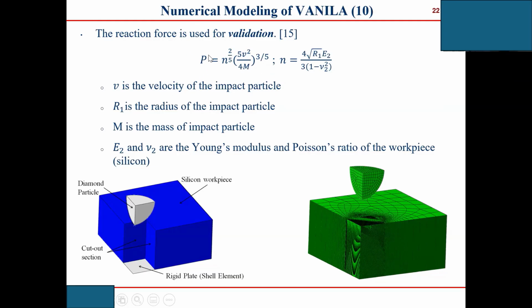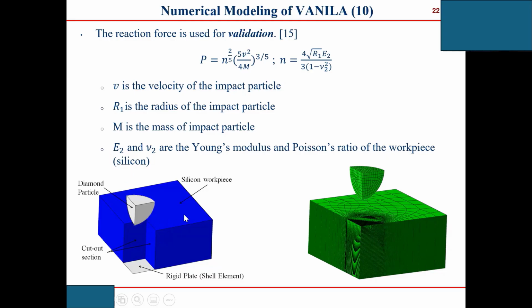P is the force. N depends on these two guys. You have Young's modulus here, E2, R1. V is the velocity of the impact particle. R1 is the radius of the impact particle. M is the mass of the impact particle. And E2 and V2 are the Young's modulus and Poisson ratio of the workpiece. For our case, the silicon.